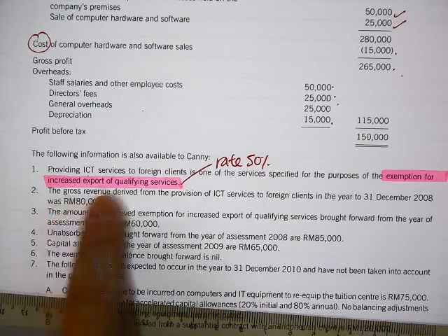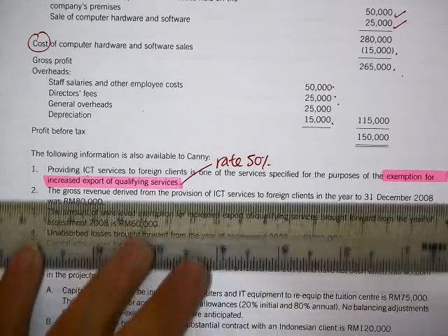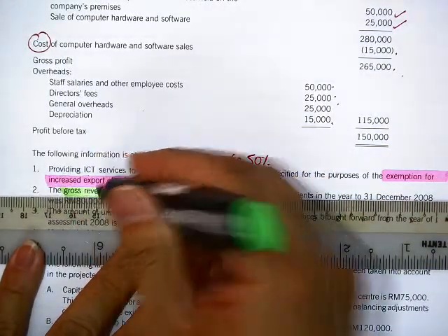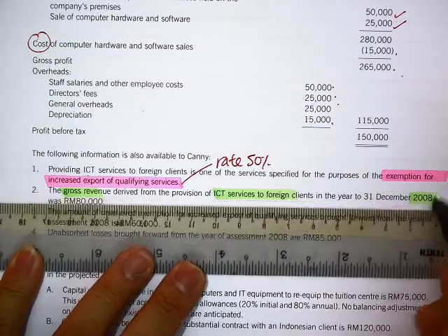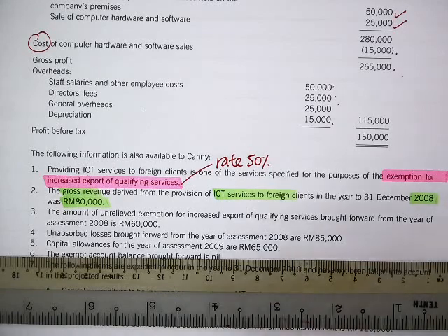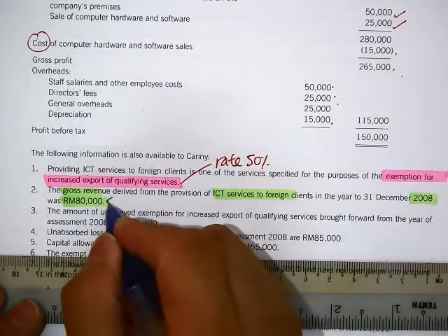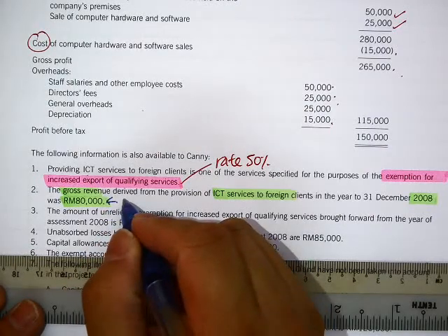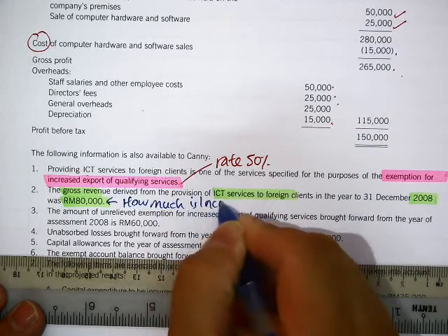Now the revenue from provision of ICT services to foreign clients for 2008 was 80,000. Now why must they give this figure to you? So that you can calculate how much is the increase. Correct. So they give you last year's figure, so you will compute how much is the increase.